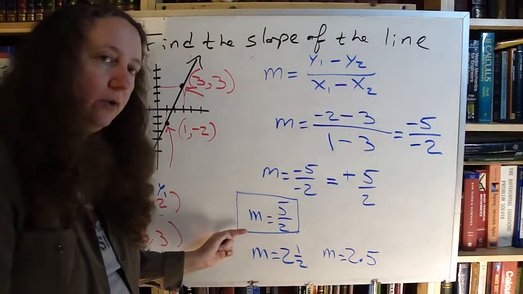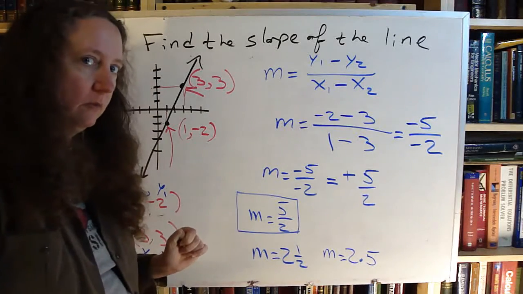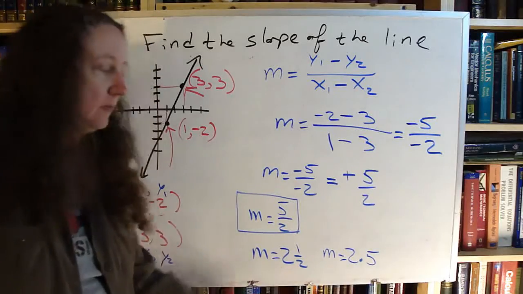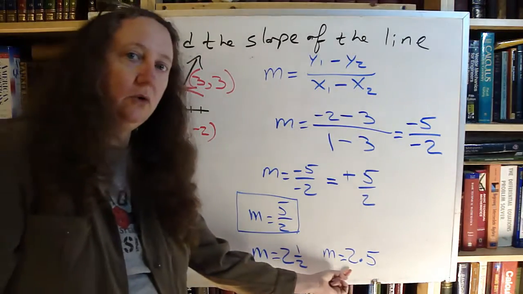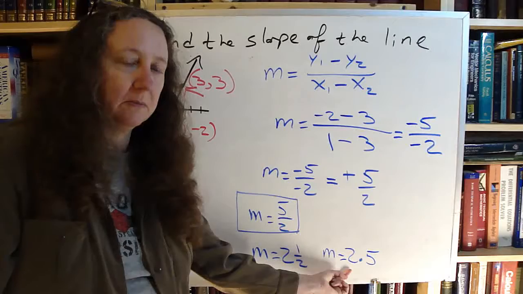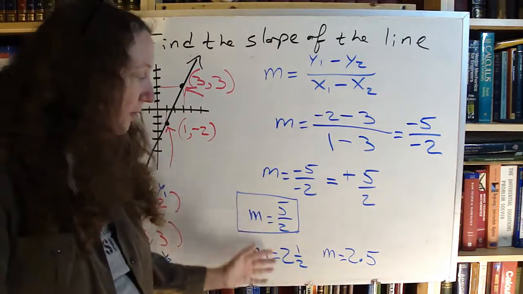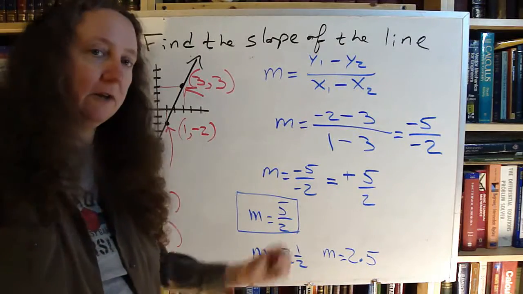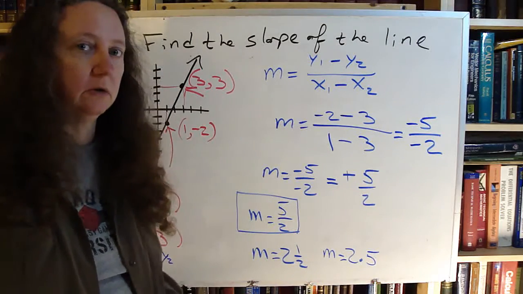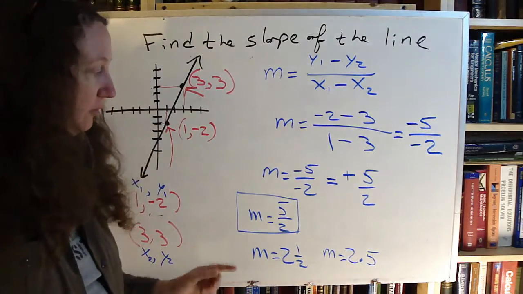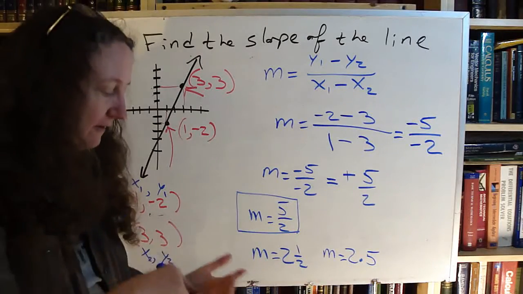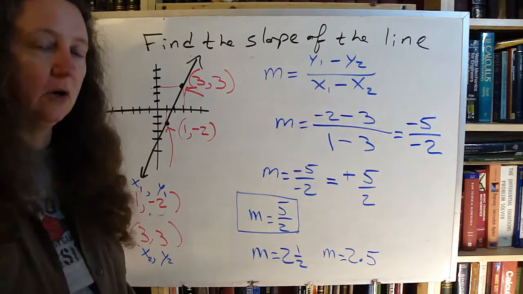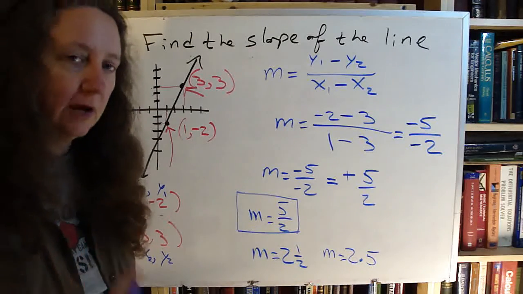Are they telling you to answer as an improper fraction? Are they telling you to answer as a mixed number? Or are they telling you to answer as a decimal number? All three are correct on paper. All three are correct if they don't specify one way or another. But you could lose a point if they say, definitely answer this way, and you answer a different way. So pay attention to that on your homework, and pay attention to that for your exam.